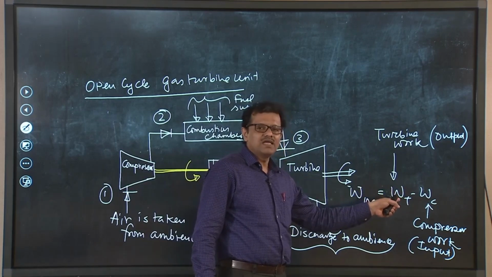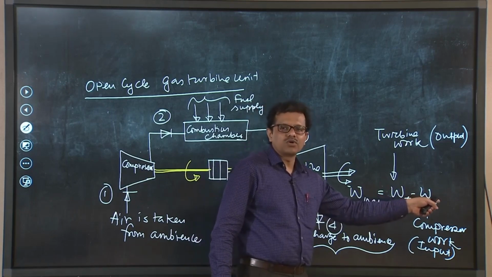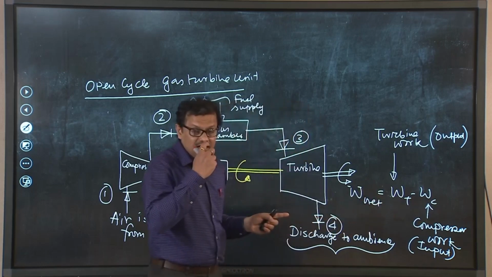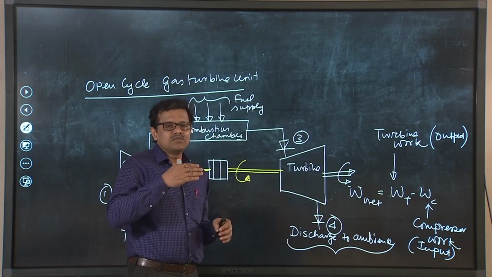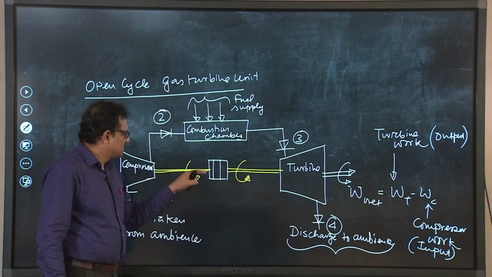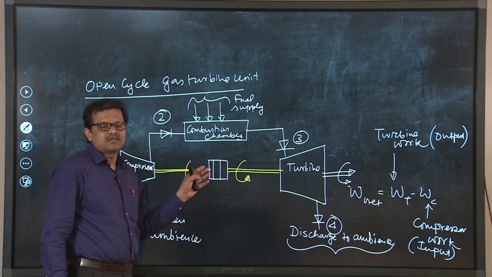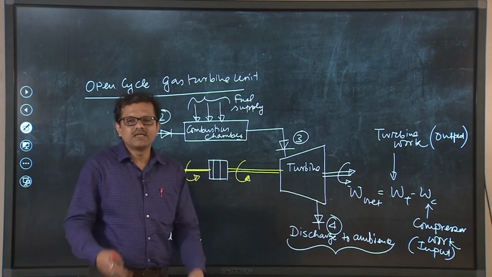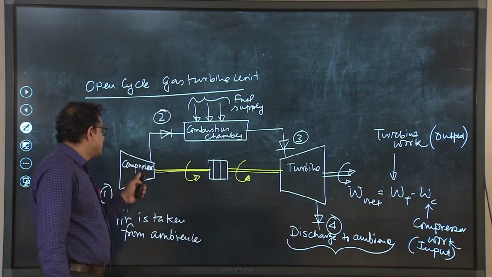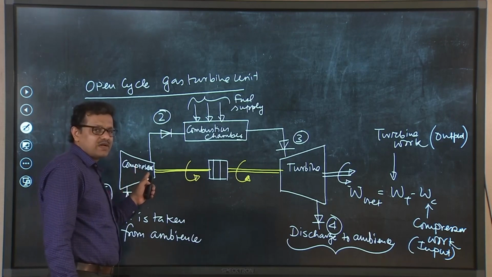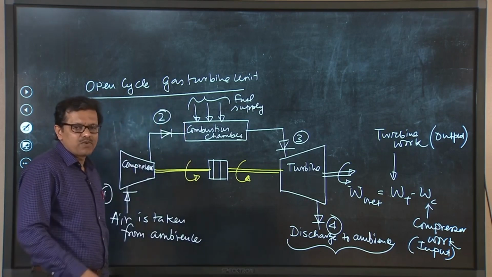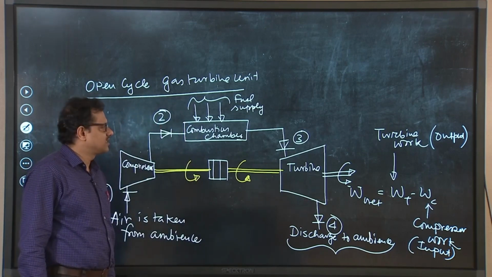Wt should be even less, Wc will be more, and the gross effect would be a reduction in W net, and W net becomes so less that self sustaining of this unit becomes a problematic issue. So, while considering the process either in a compressor or in this turbine, we have to assume that the processes are not reversible adiabatic.